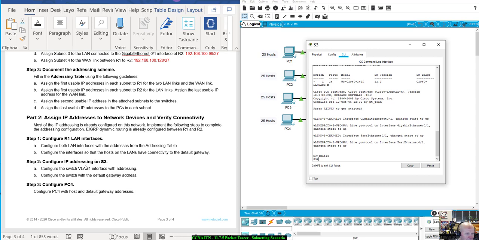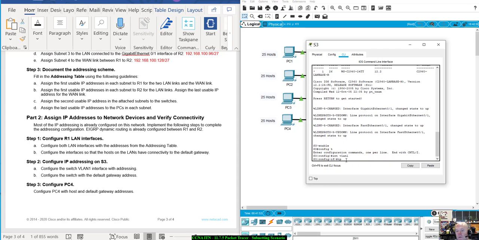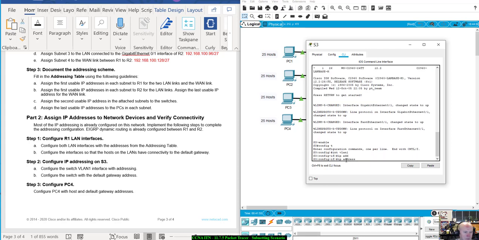We want to configure the switch VLAN 1 interface with addressing. So config t, interface VLAN 1, IP address. This is switch 3.